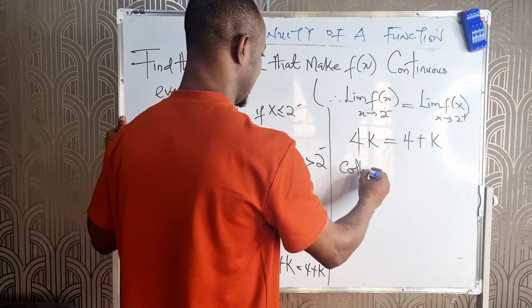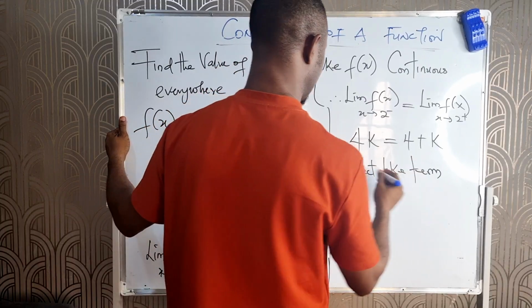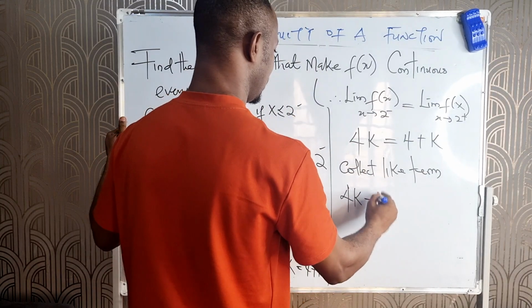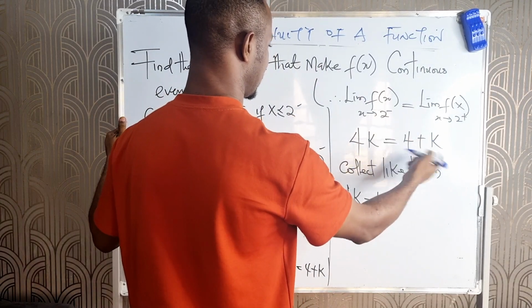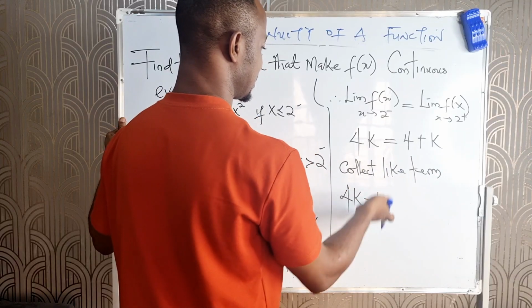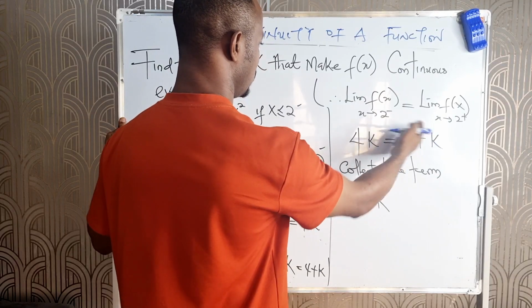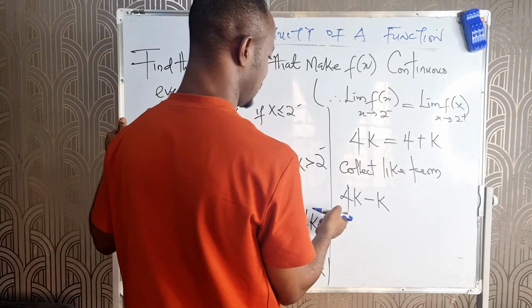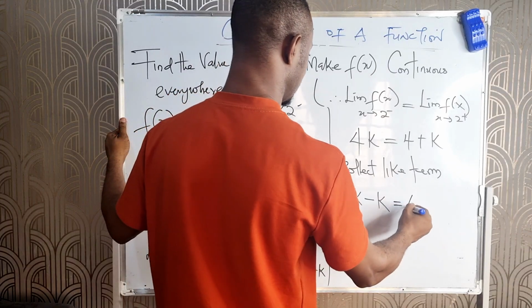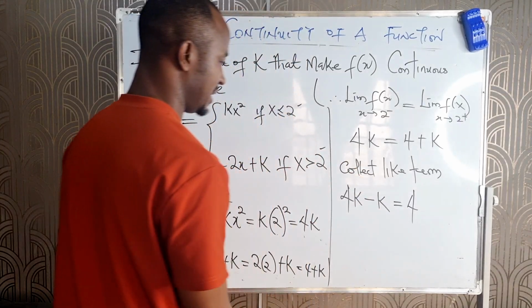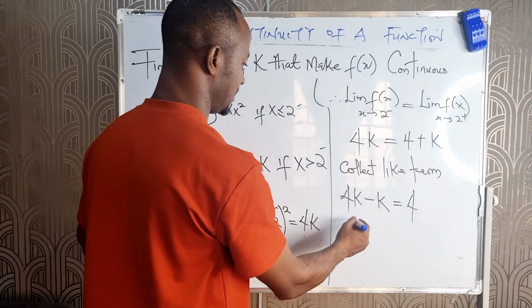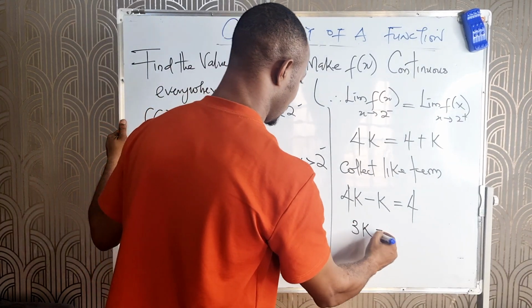We subtract k from both sides, and that will give us 4k minus k equals 4. So 4k minus k gives us 3k equals 4.